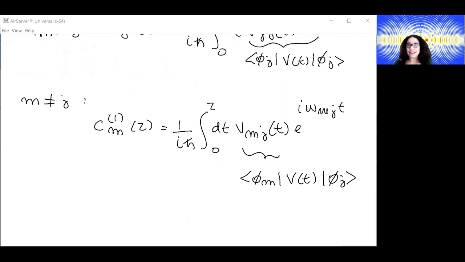Now this means that in this case you are having a transition from one bound state to another.